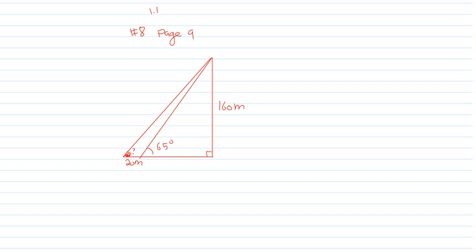So in order to find that, if I look at the big triangle, I only have one side. I only have the 160 meter, right? Nothing else. I don't have the hypotenuse, and I don't have the whole base.